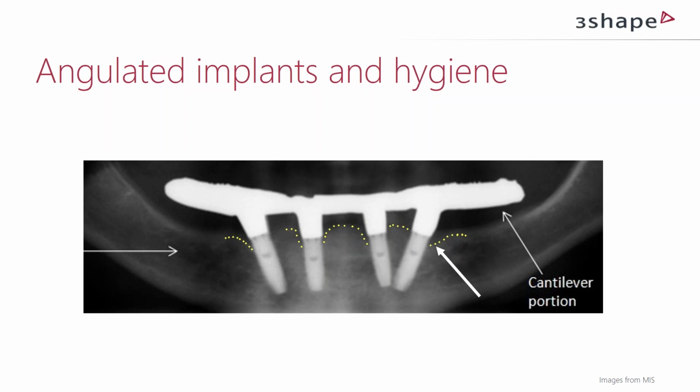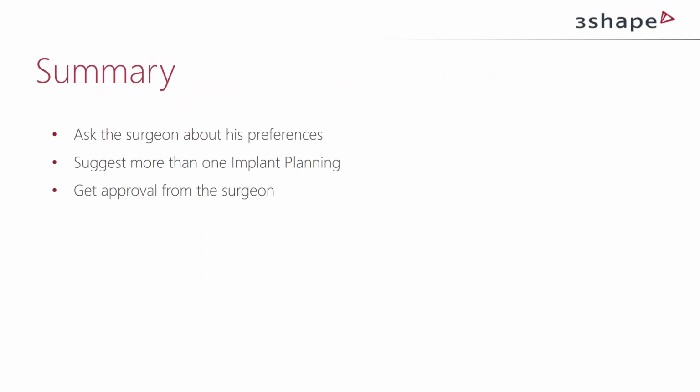Very good. To summarize today's webinar, I think we can be unified in saying that we should ask the surgeon about his preferences. We had some questions today about which surgical kit they use and so on.